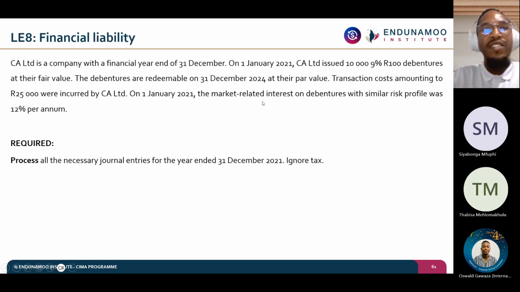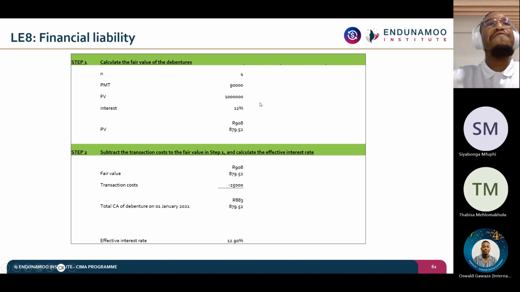The market-related interest rate gives us what? The fair value, being the present value of these debentures. The present value is 908,879. Now, because these are held at amortized cost, we need to subtract the transaction costs from the fair value in step one.